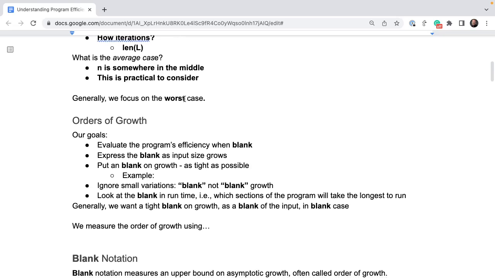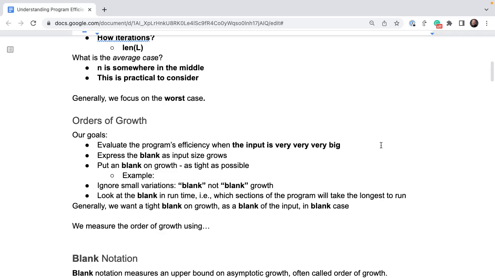So what we're going to do is talk about orders of growth. So things are going to grow quite a bit, and a lot of this is review from last class. We want to evaluate the program's efficiency when the input is very, very big. So we're not necessarily concerned when there's only 5 or 10 elements in the list.